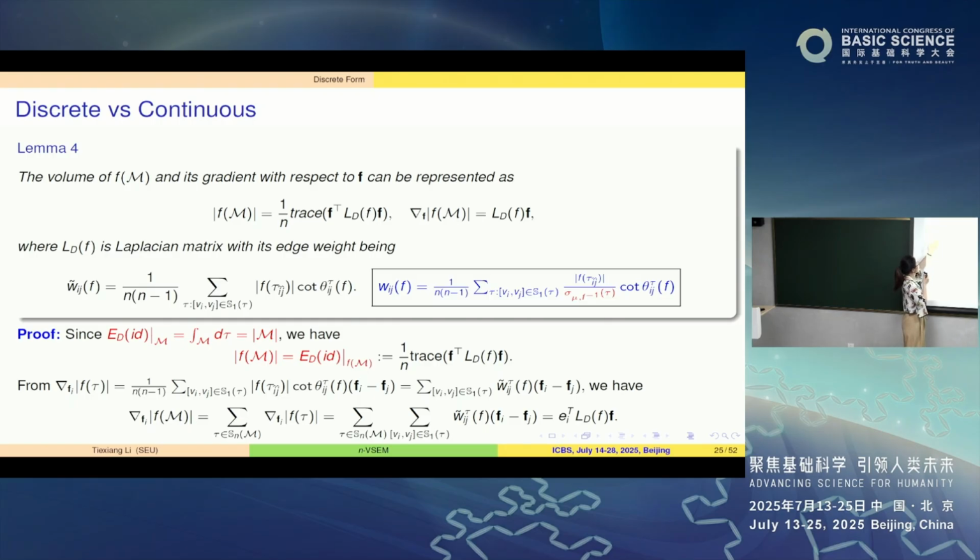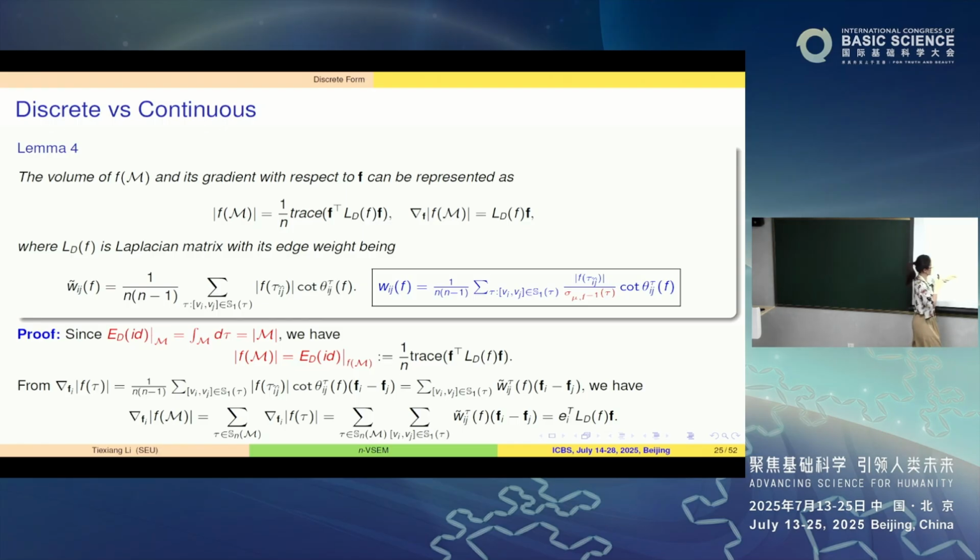We say the volume of F(M) and its gradient with respect to F can be represented in this way. We have this theory, and here we say the volume of F(M) actually is equal to 1 over n times the trace of this one, and here is the Dirichlet energy form.